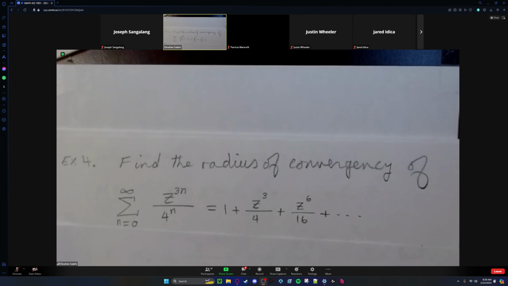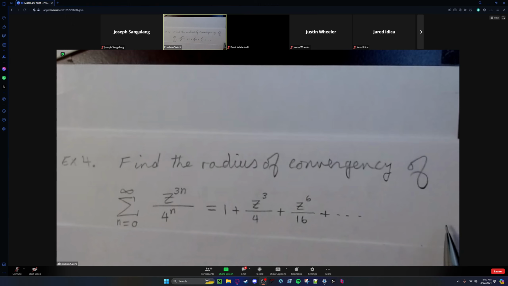Now, look at this one. It's an infinite summation. I just wrote a few terms. When n is 0, you get 1. N is 1, you get z cubed divided by 4. N is 2, you get this, and so forth. It's an infinite summation.